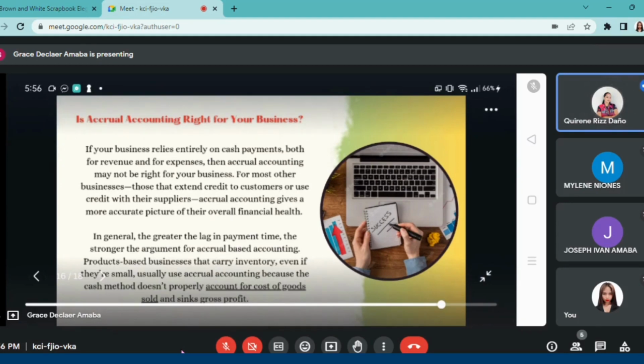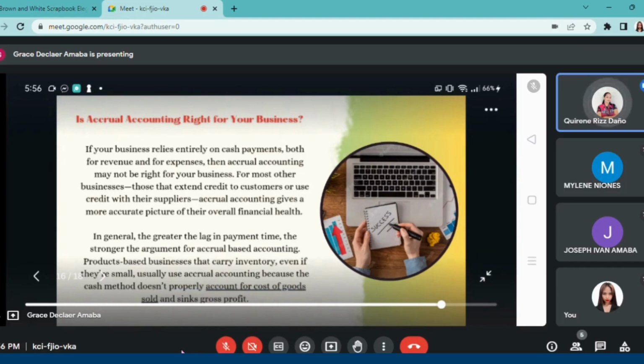Product-based businesses that carry inventory, even if they're small, usually use accrual accounting because a cash method doesn't properly account for cost of goods sold and skews gross profit. So determining whether accrual accounting is right for a business depends on its specific circumstances.